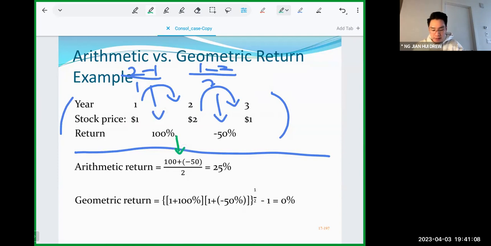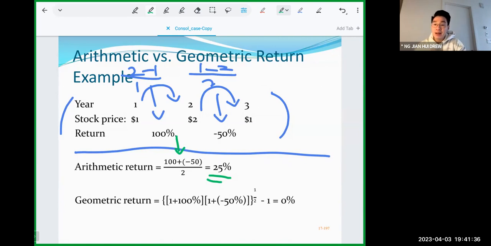And your arithmetic return says that, hey, you know what? You gain 25%. But you know that's not true, right? You guys all say that, no, if my stock price was $1 in year 1 and my stock price is $1 in year 3, I did not gain anything, right? So this is why in finance or in the market, no one uses arithmetic mean, because it doesn't make sense.